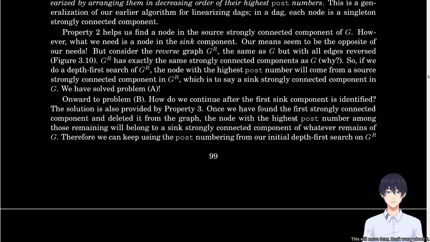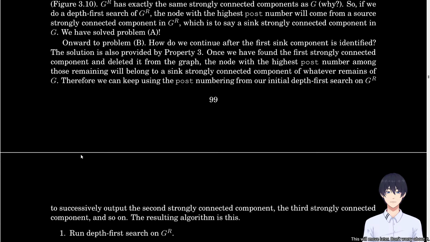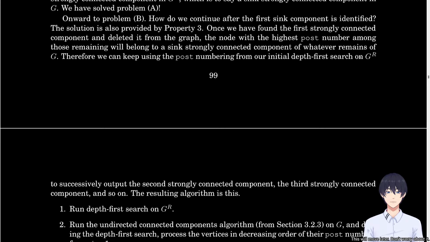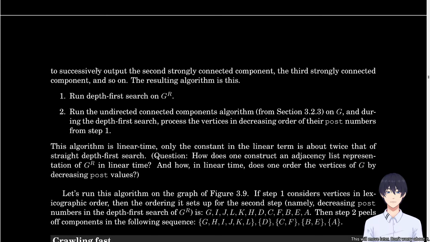The node with the highest post number, which you can get in O of size of V, among those remaining belongs to a sink, a sink of whatever remains of G. Therefore, we can keep using the post numbering from our initial DFS on G reverse to successively output the second SCC, the third, and so on.